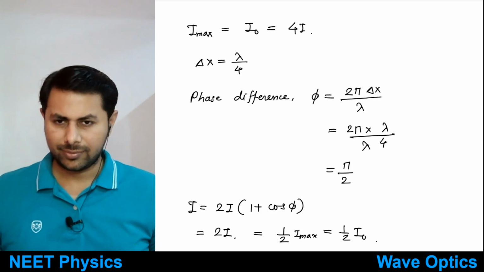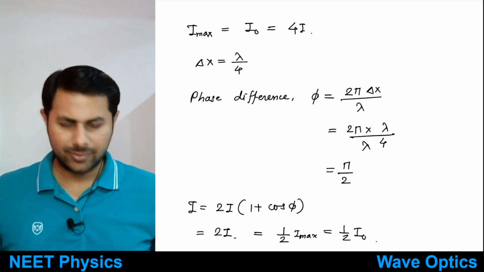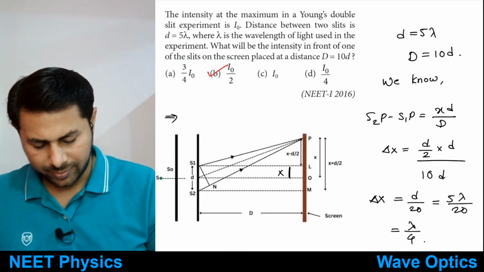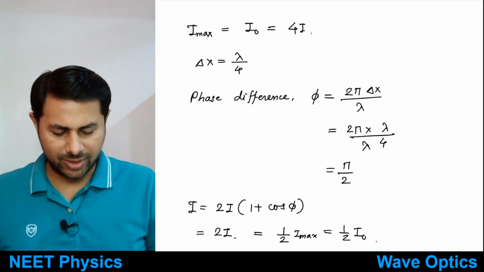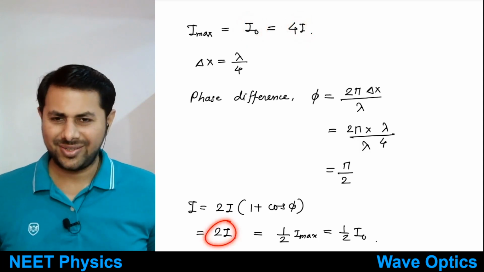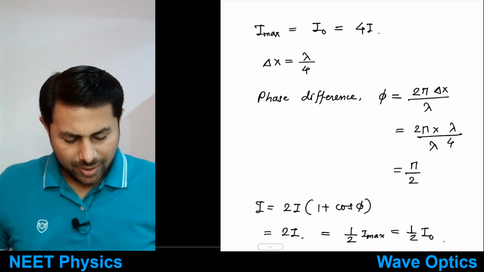All right, good. So the answer is I naught divided by 2. There is no confusion, because here I have written I naught, then 4i, then this is 2i. Is there a confusion? No, right? Okay, good.